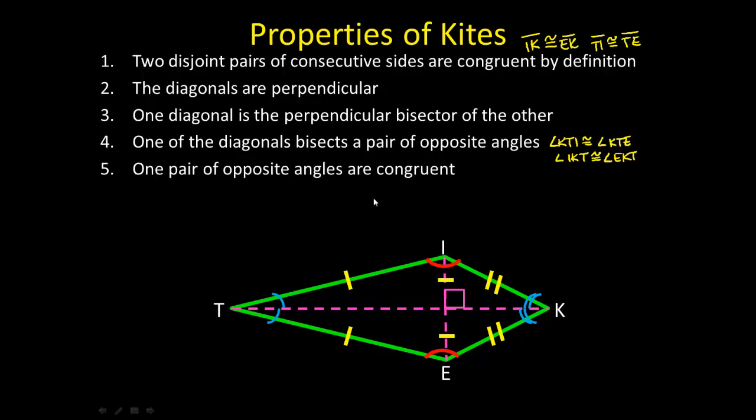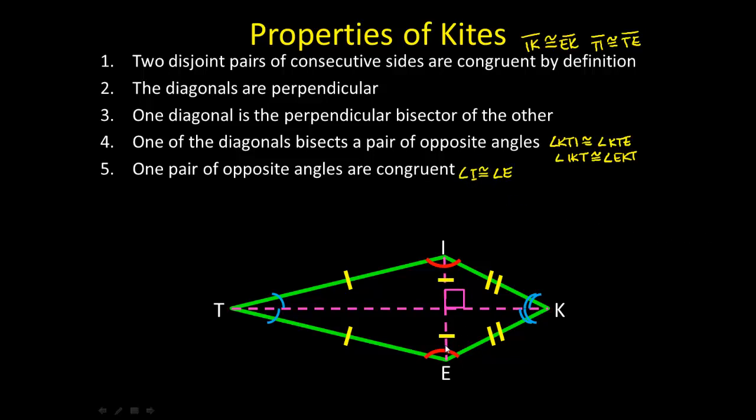One pair of opposite angles are congruent. So if you look, whatever angles aren't bisected, the opposite angles are then congruent. Angle I is congruent to angle E. Let's make that look more like an I.